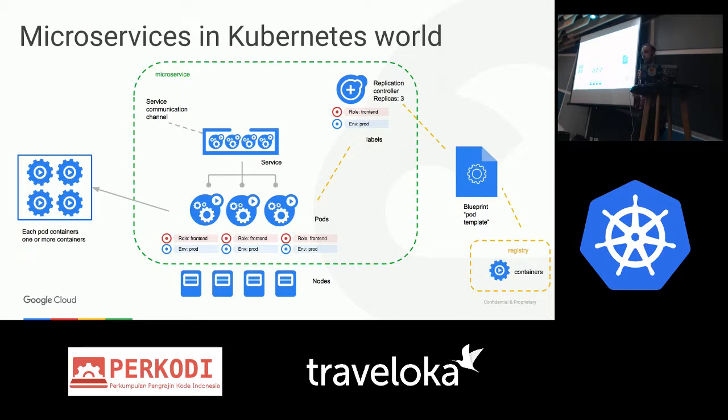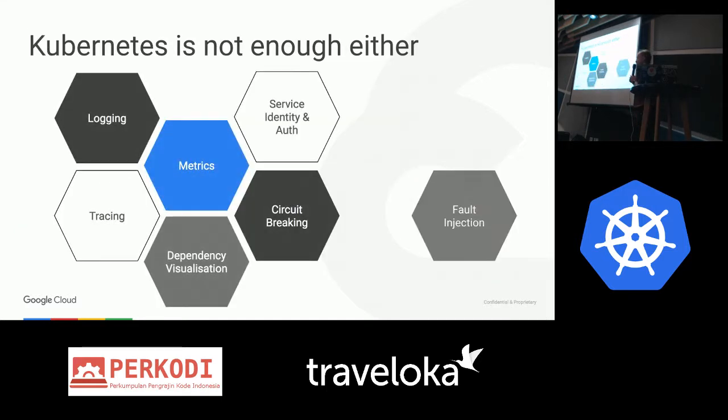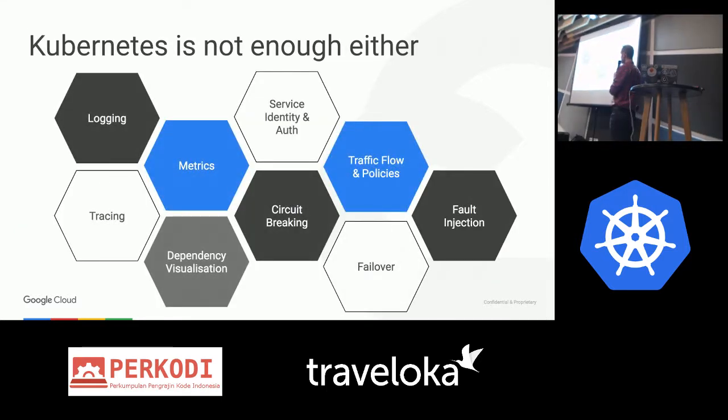So in this world, a microservice ends up becoming your code and Kubernetes working together, right? Which is great, but it's not enough either, because when you run an app in production, you definitely need logging. You need to be able to see what's happening in your application when something is going wrong. You probably need HTTP tracing, so if a call is taking a long time, you can see where the time is being taken.